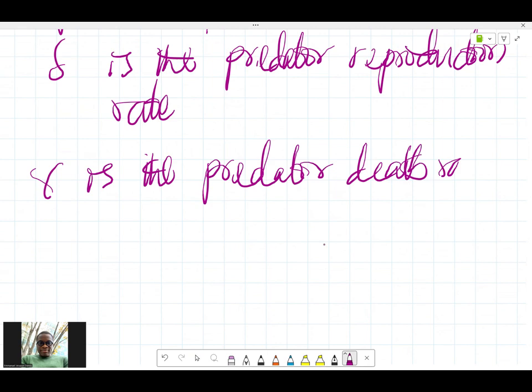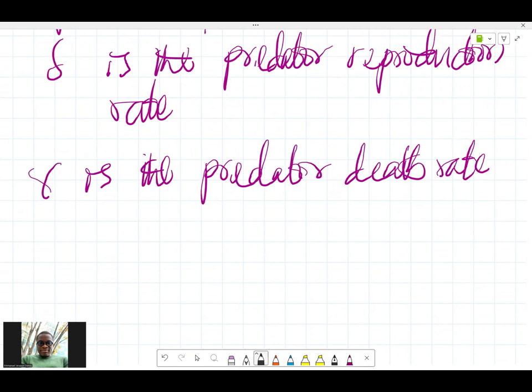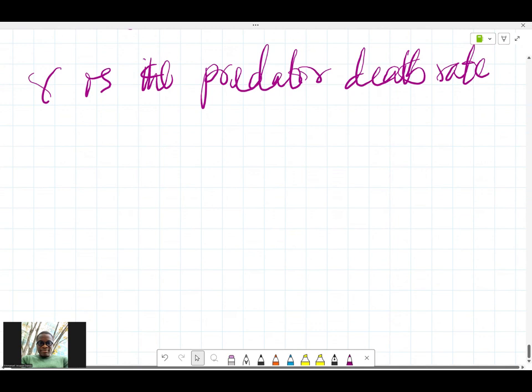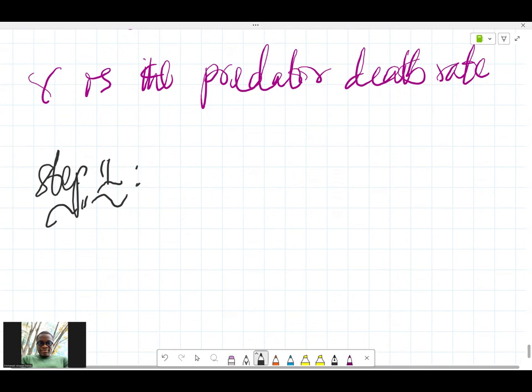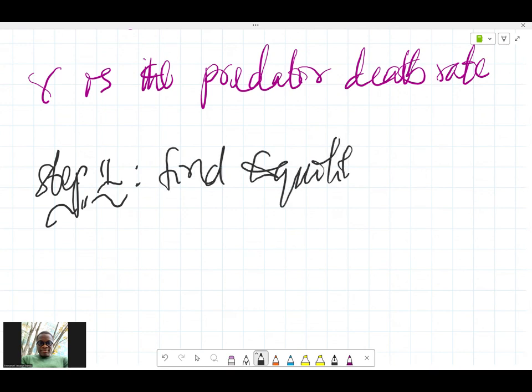Okay. Now, with all of that in place, we can go ahead and first of all find the equilibrium points. That's step one. Step one here, find equilibrium points, like what we did, I think, in the previous video.